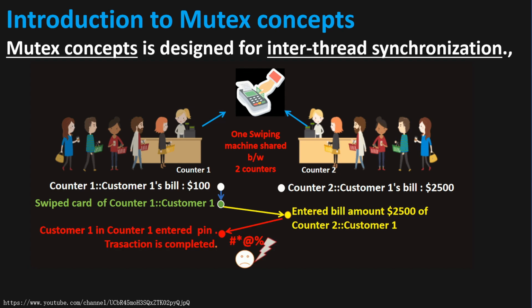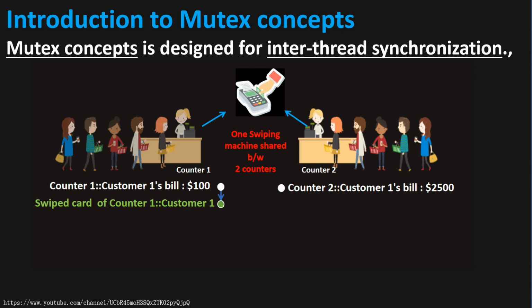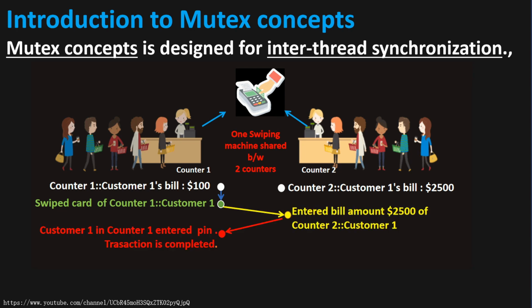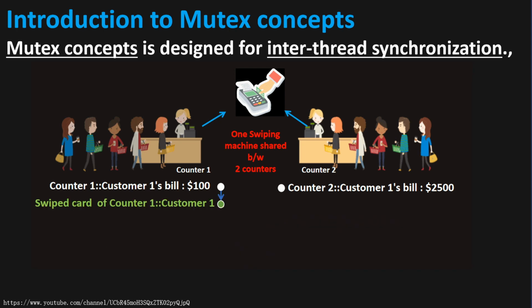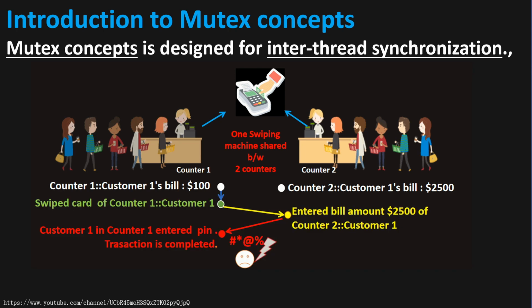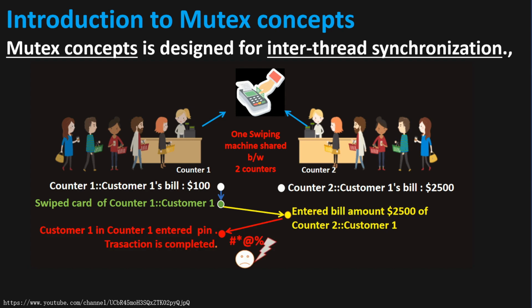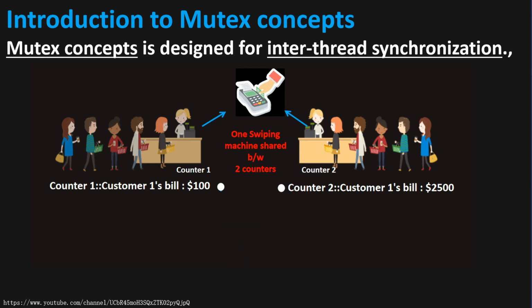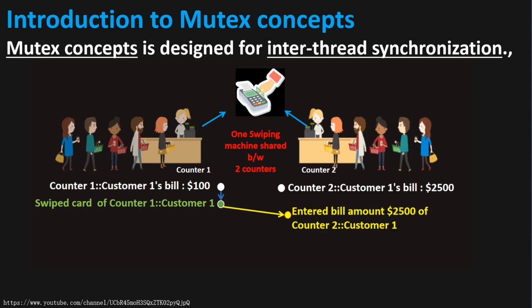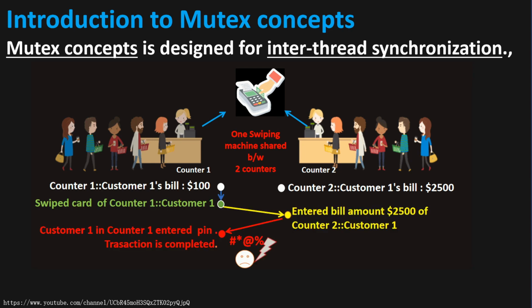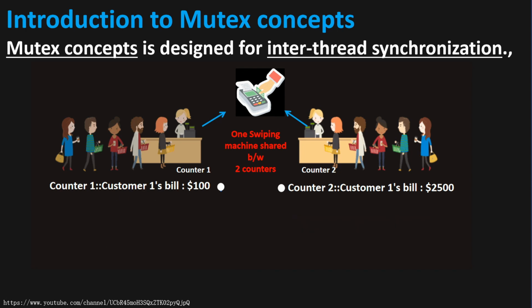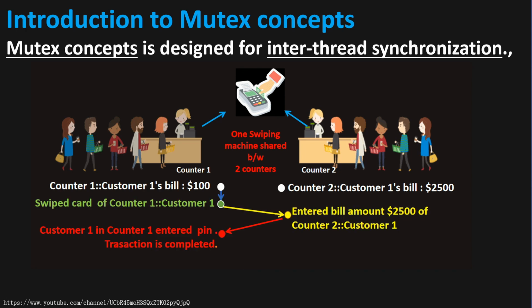Unfortunately, since there is no synchronization between counter 1 and counter 2 swiping card usage, the store employee of counter 2 entered the amount $2,500 before the store employee of counter 1 entered the amount. Unaware of this, customer 1 entered his PIN and the transaction is completed for $2,500 instead of the actual $100 which he has to pay. This is a very big issue. Because of non-synchronized common data shared between threads, this issue occurred.